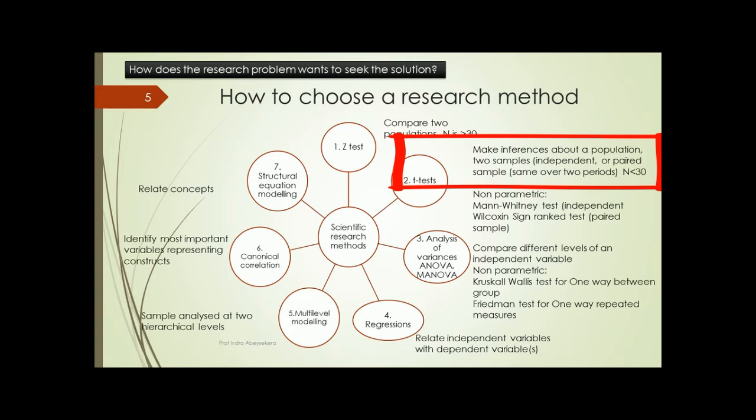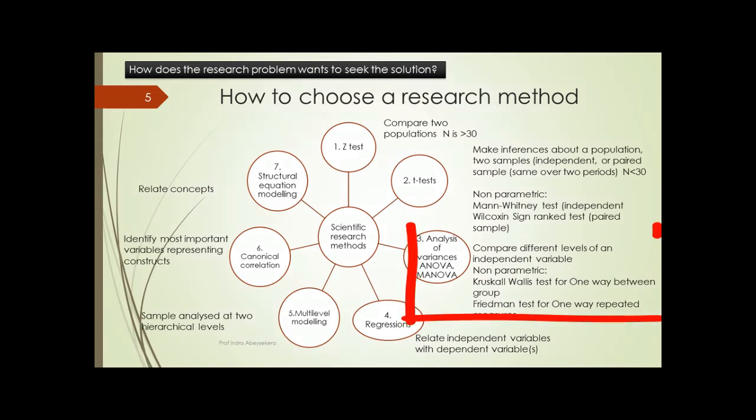We can use t-tests to make inferences about a population, or to compare two samples and make inferences, or use the same sample, same observations, over two periods and compare. So these tests are looking at the variations in the mean of the dependent variable, you can say.